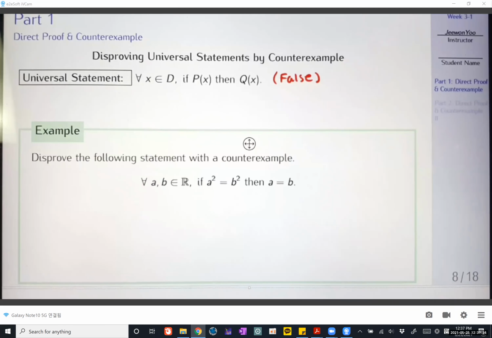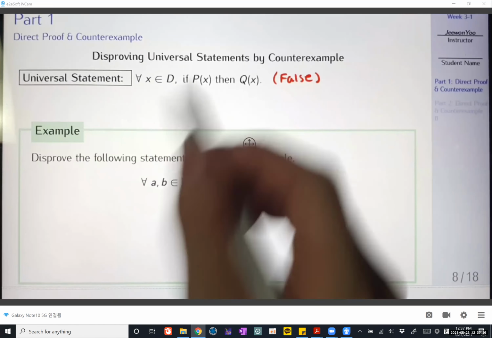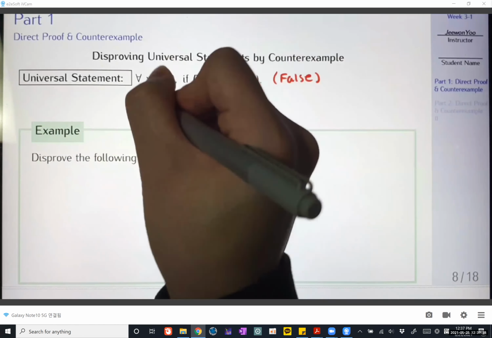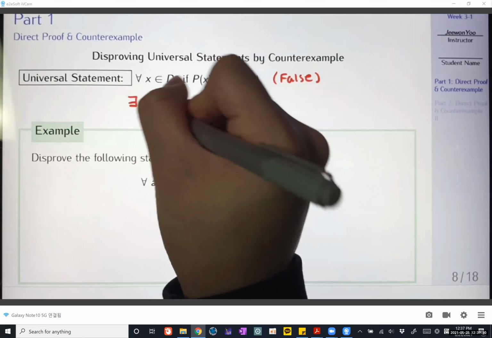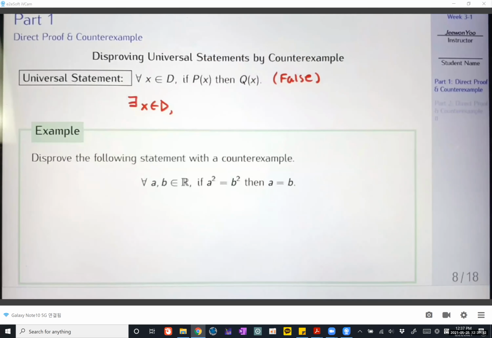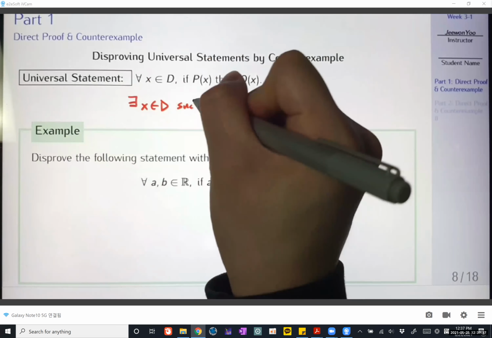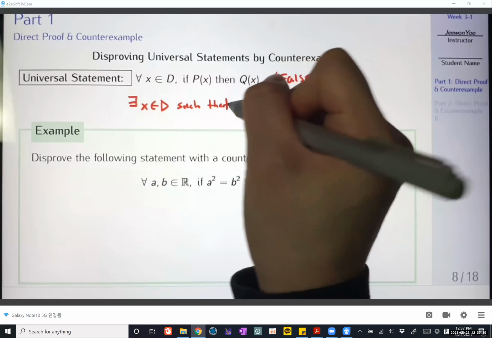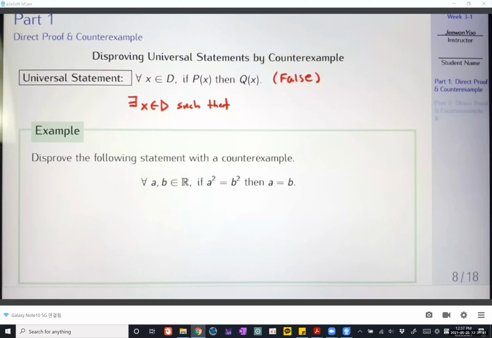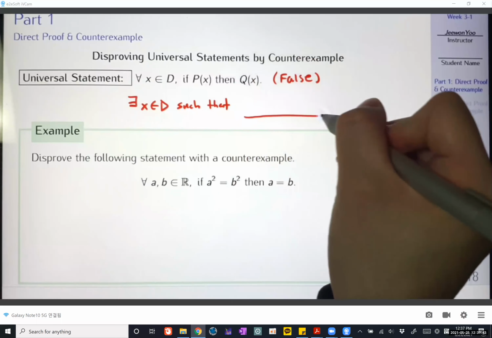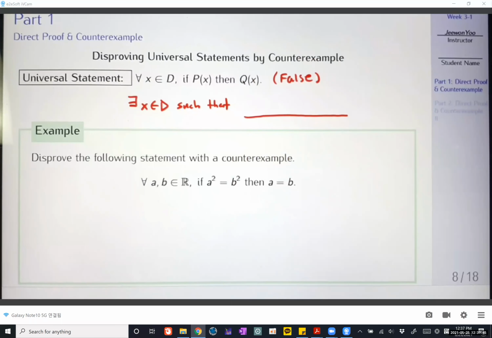So the negation, let me write it for you. There exists x in D such that, what will be the rest of the sentence? It might be a fill in the blank on the midterm.